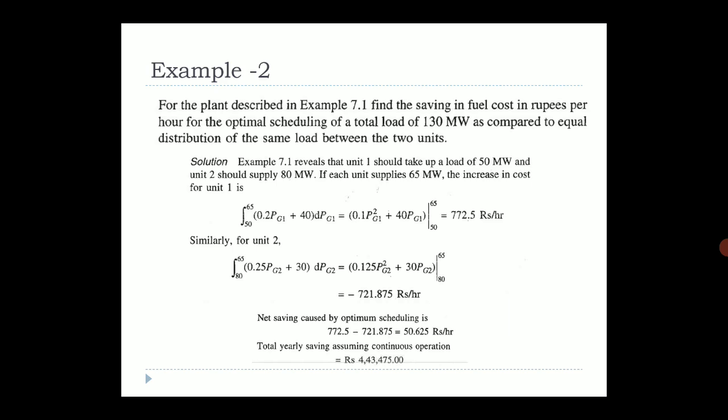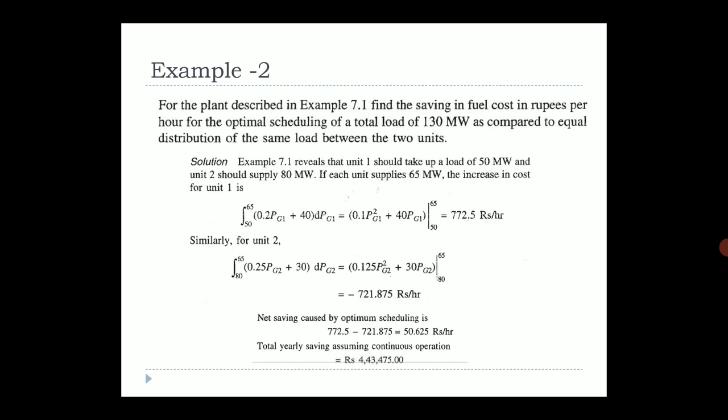We compare it to the concept that both generators will generate equally. If both generators generate equally, it is 65 megawatt per generator, and two generators generating the same give me 130 megawatt.